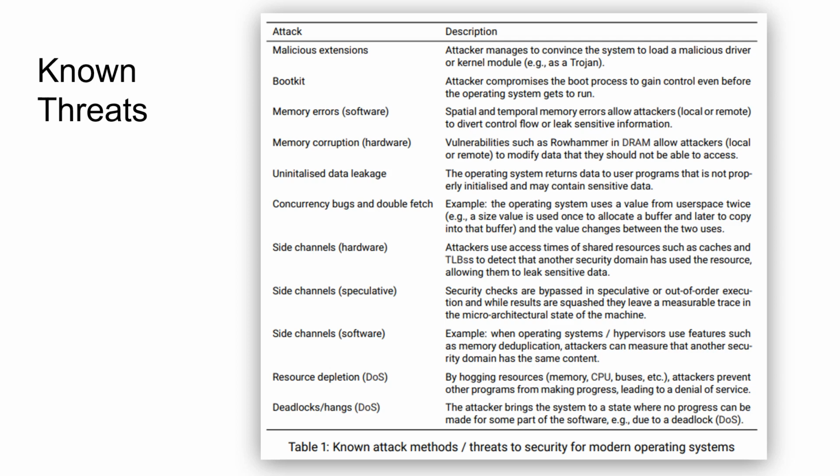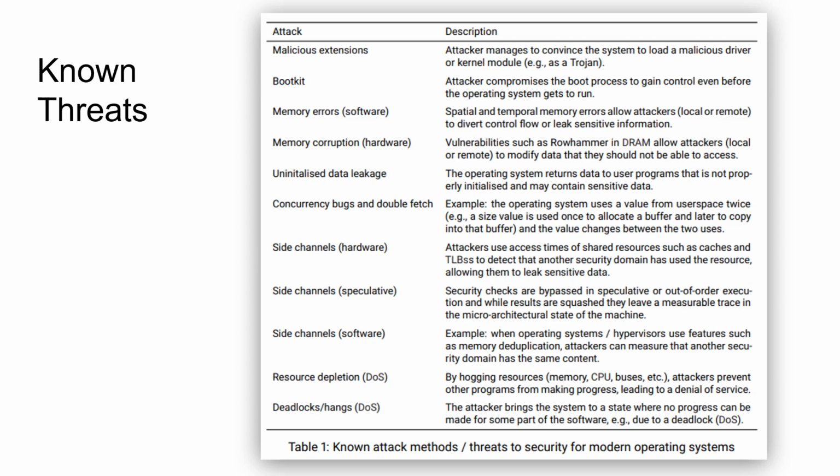Besides these bugs that corrupt memory, we also have bugs that allow you to leak data that you shouldn't be leaking. There are vulnerabilities due to concurrency. There are complex or not so complex side channel vulnerabilities where you actually indirectly obtain sensitive information.